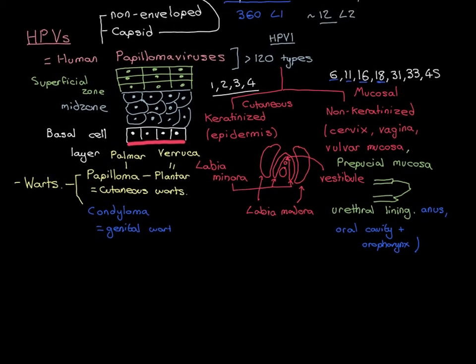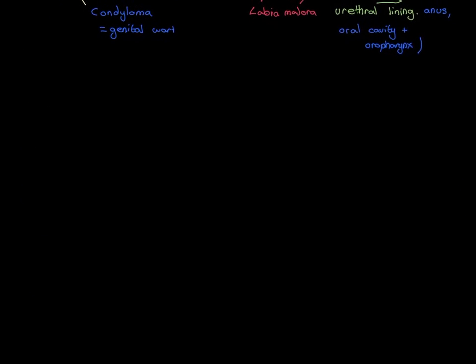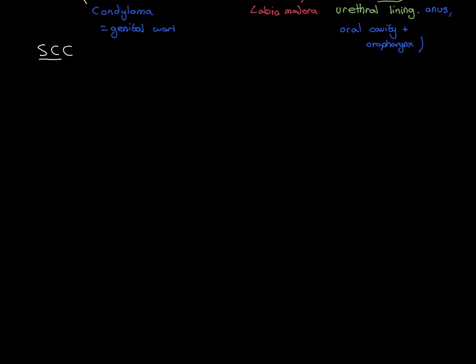So let's now talk about how HPV infection of the squamous stratified epithelium of the ectocervix can lead to squamous cell carcinoma of the cervix. SCC is the abbreviation for squamous cell carcinoma, and we're talking specifically about squamous cell carcinoma of the cervix. So how does this all begin?